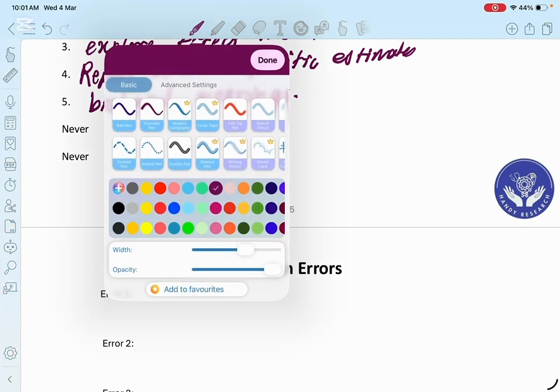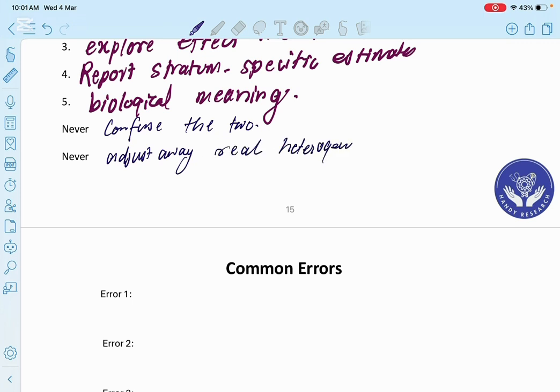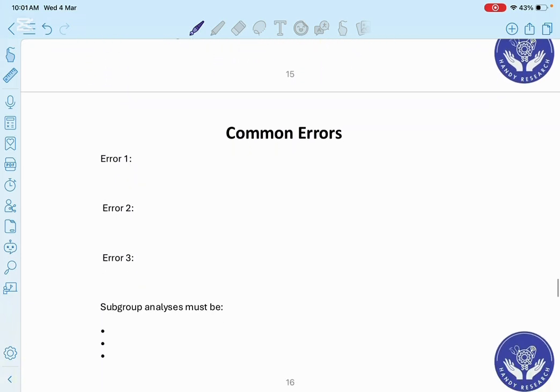So what should you not do? Never confuse the two. Simple. Never confuse confounding and effect modification, and never adjust away real heterogeneity, like the heterogeneity between ages, which we have already explained as effect modification. Never adjust it away. Now, common errors. What errors do researchers make continuously? They call effect modification residual confounding.